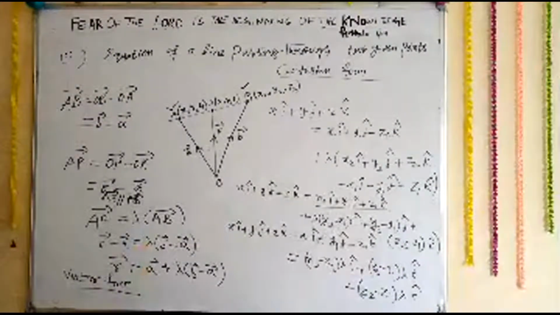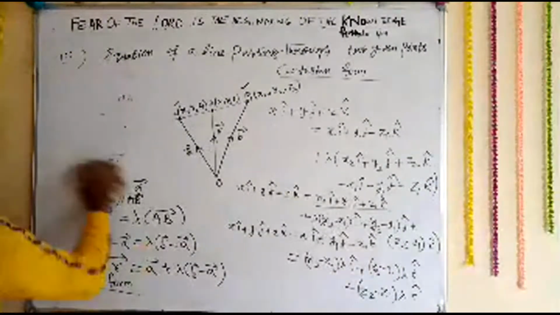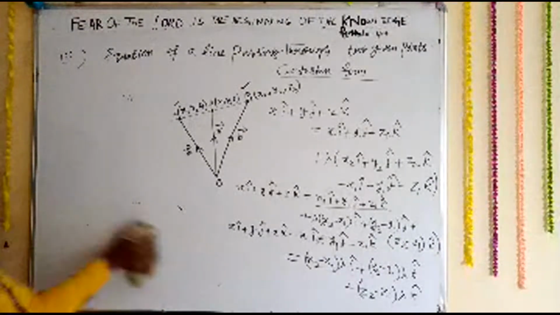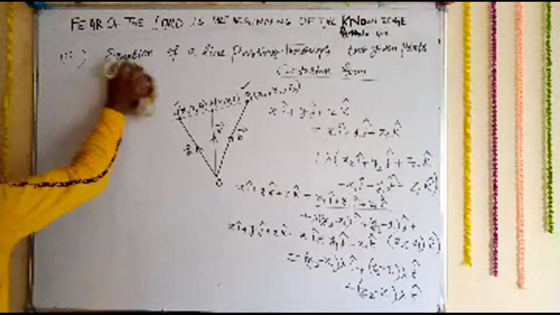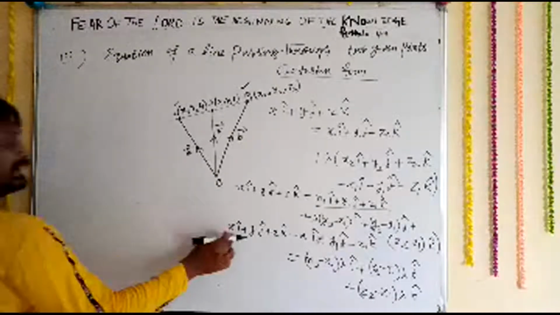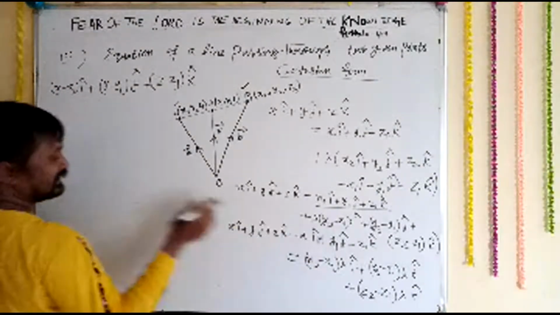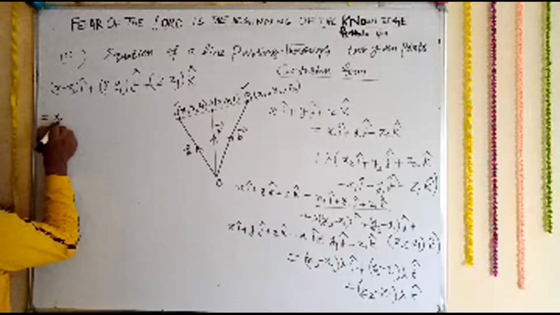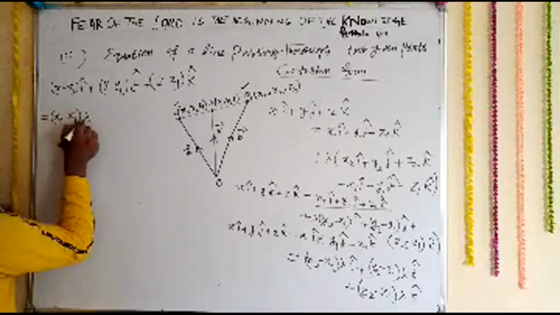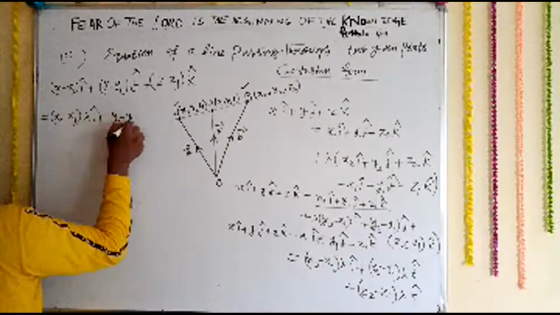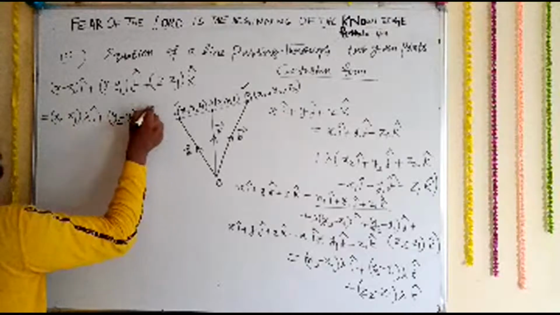It's very simple only. Okay, so now (x minus x1) i cap, (y minus y1) j cap, and (z minus z1) k cap, equal to (x2 minus x1) lambda i cap, then (y2 minus y1) into lambda j cap, then (z2 minus z1) into lambda k cap.